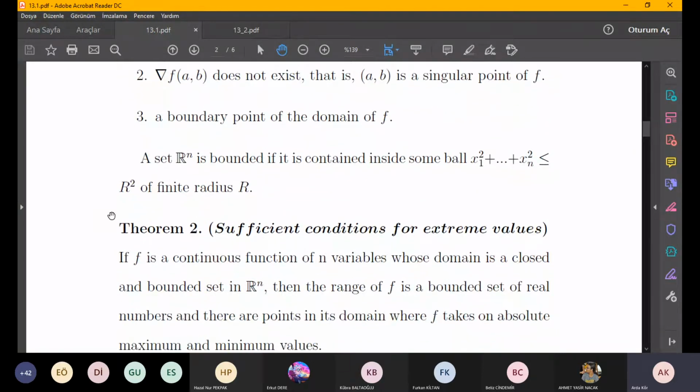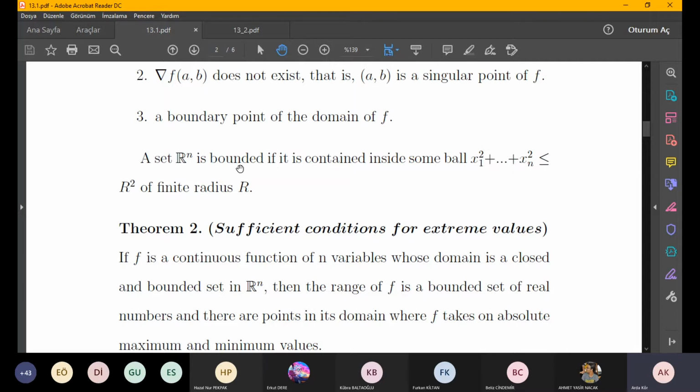If we talk about, or remind ourselves of, bounded sets: a set in R^n, n-dimensional space, is bounded if it is contained inside some ball where x1 squared plus x2 squared plus ... plus xn squared is smaller or equal to r squared, of finite radius r.